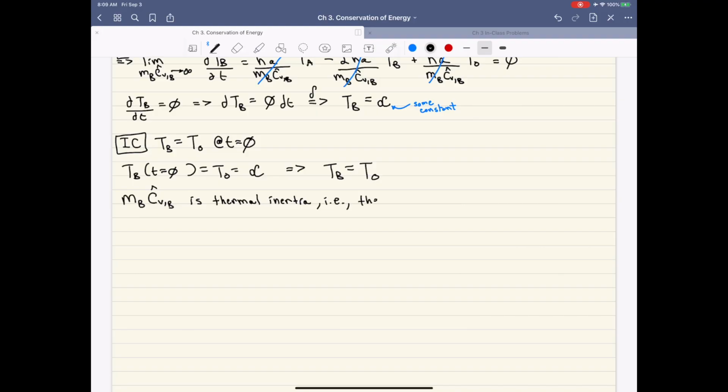And so this thermal inertia, just like the way you learned about inertia in your physics class is the resistance of a system to change its speed, when we talk about thermal inertia, this is the system's resistance towards changing its temperature. All right? So that's what that product essentially represents.